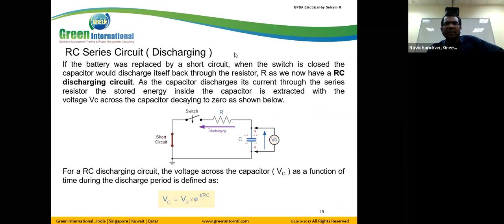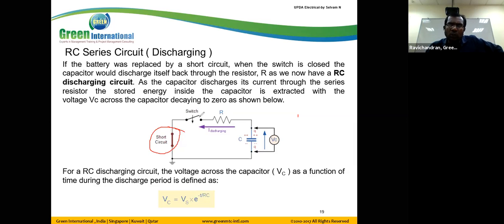Now we are discussing the discharging current. Compare with the previous question. Here we remove the voltage source and short circuit it. Now the switch is in open condition. With the switch open, we have some voltage in the capacitor.